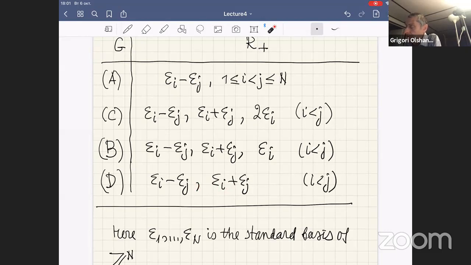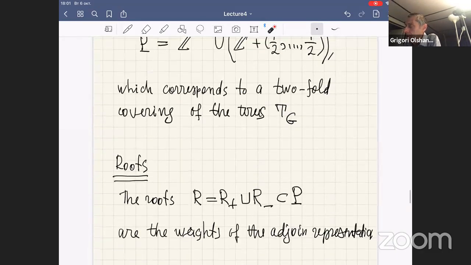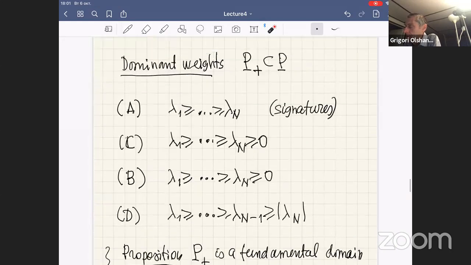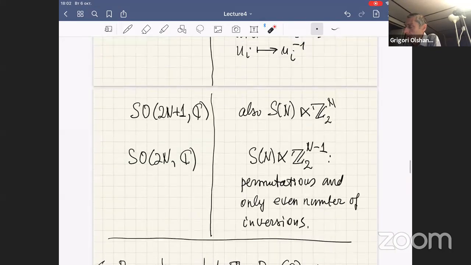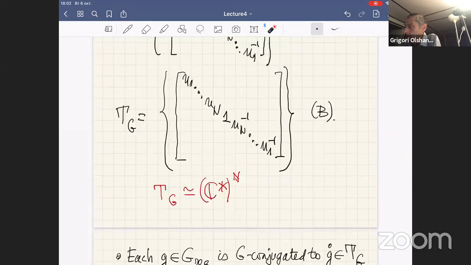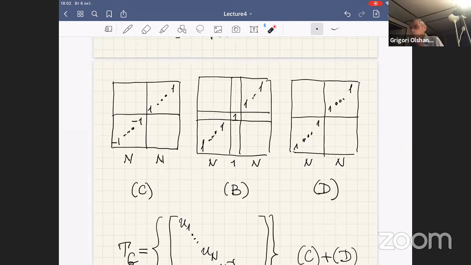I would like to explain shortly how all this picture appears. So look at this picture, this one, I'm sorry. I need the picture related to this one. So what is the Lie algebra?